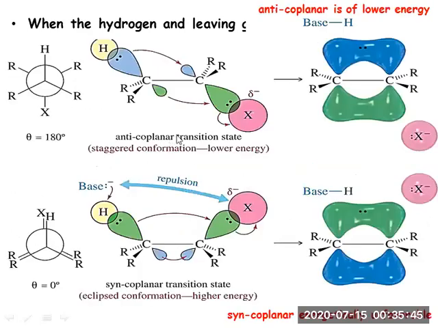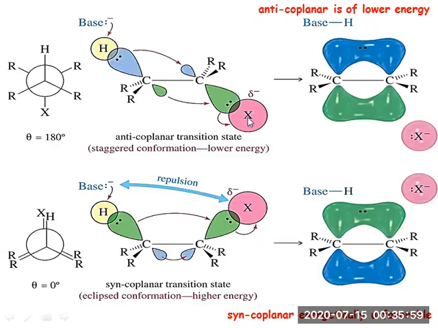Now how will they come? Let's see the stereochemistry of this reaction. Whenever there is an anticoplanar arrangement, they are on opposite sides. See, this is your leaving group, this is your beta hydrogen, and a base will be coming from this side. And if it is syncoplanar, then they are on the same side, and then the base has to approach from this side.